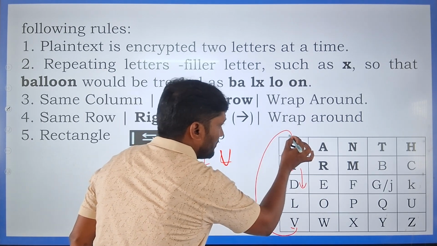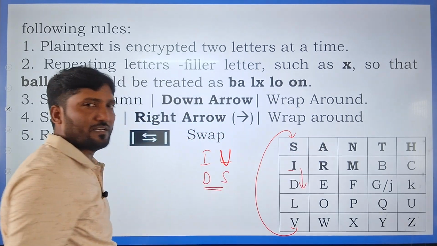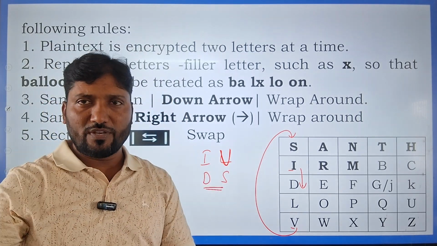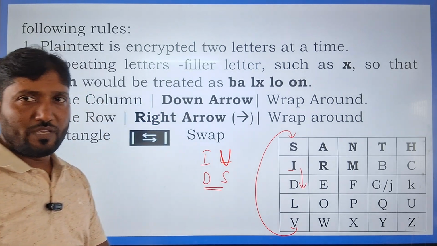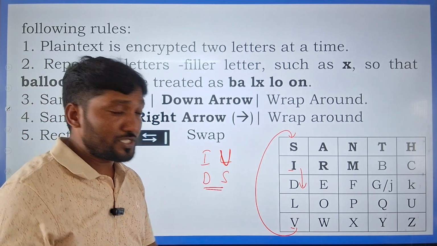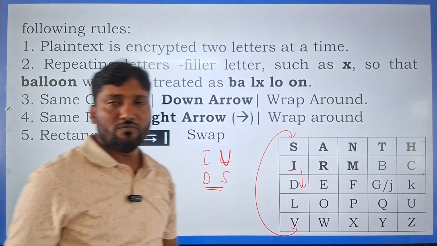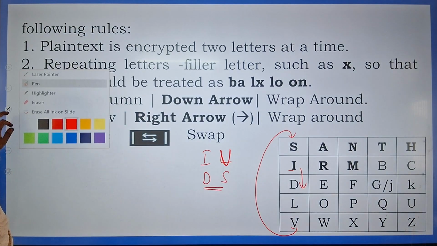We take the wrap around. What is the next letter? S. DS can be considered the ciphertext for IV. Just like this, we generate the ciphertext for the given plain text: if the letters are in the same column, we take the down letter as the ciphertext. That is the third rule.